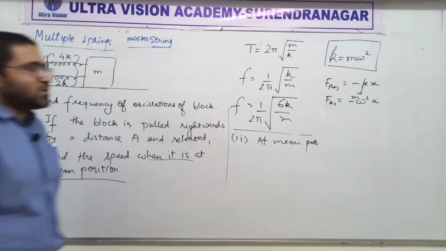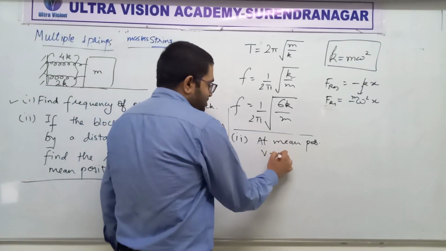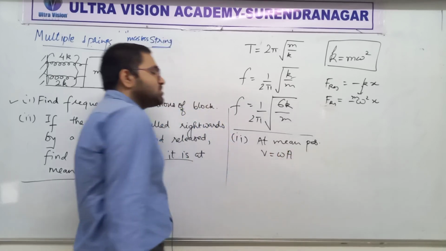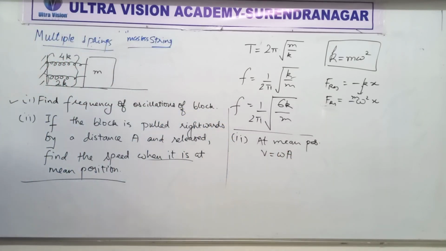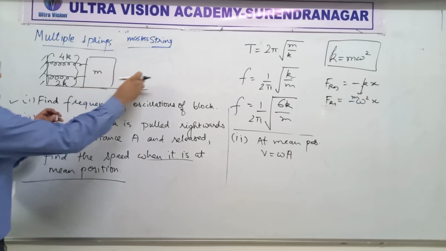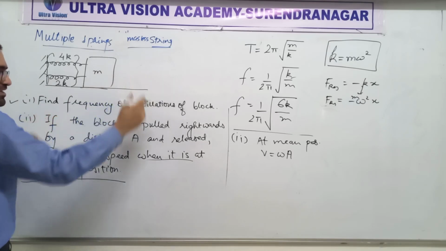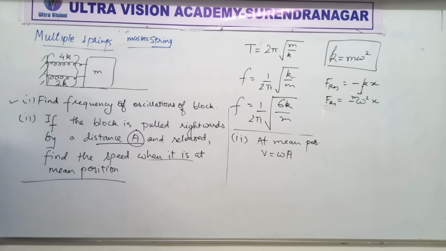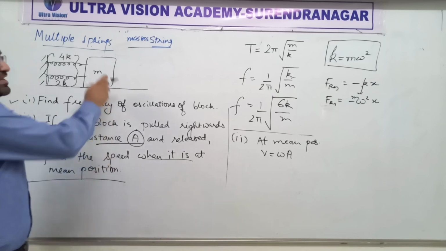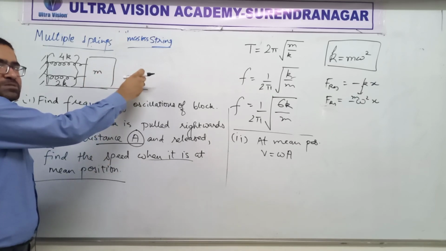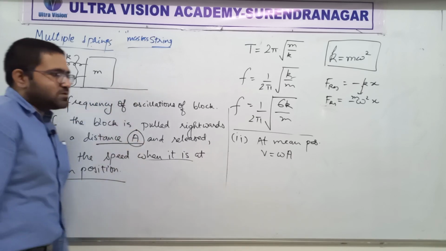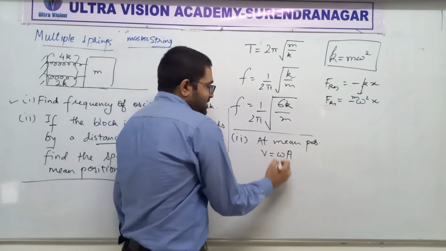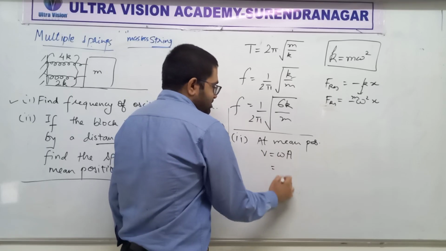Yes, omega into A. At mean position, the speed is omega into A, isn't it? Okay, so we pull it, we release it. So where you release, that will be amplitude. Do you agree? Where you release it, its speed will be 0, that will be amplitude, right? So v is equal to omega into A. So what is omega? 2 pi.